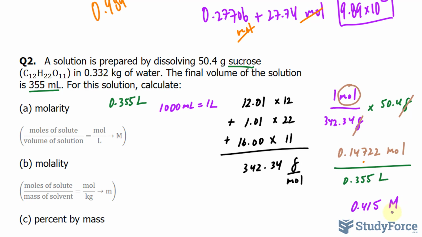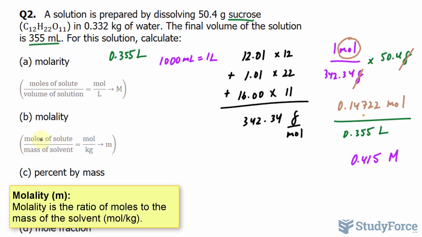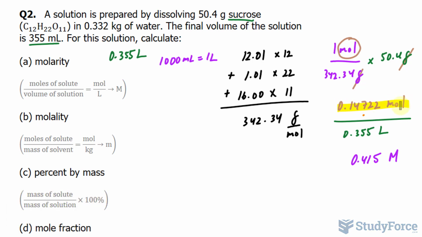So we just found the molarity, now we'll find the molality. And for that, we have the definition right here. Moles of solute, which we already found, divided by the mass of the solvent. The mass of the solvent is right here. So using the information from question A, I can easily find the molality: 0.14722 moles, divided by, this time, the mass of water, which is 0.332.